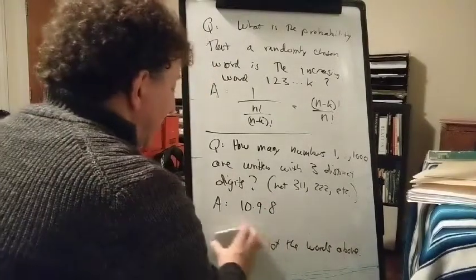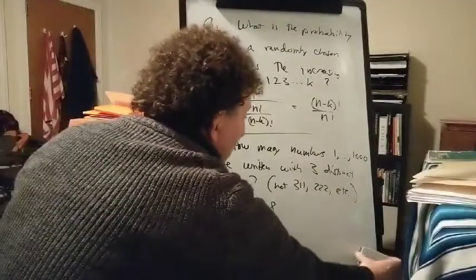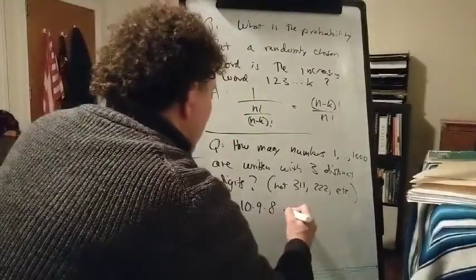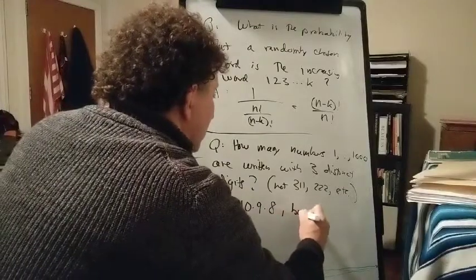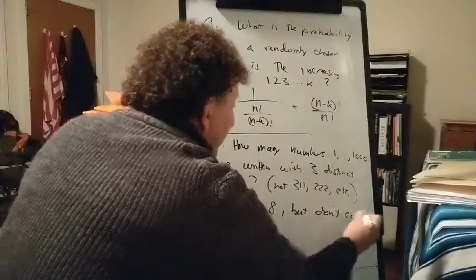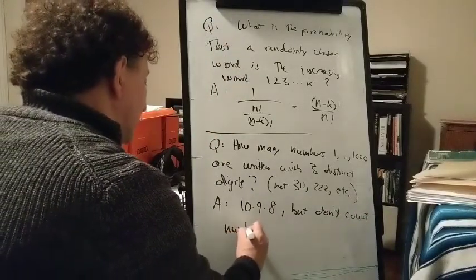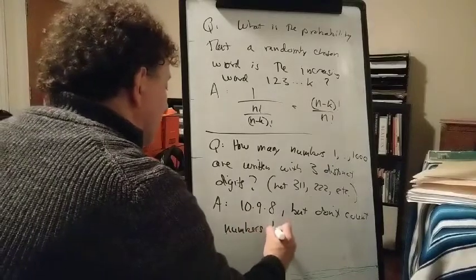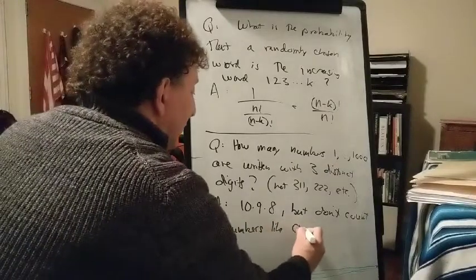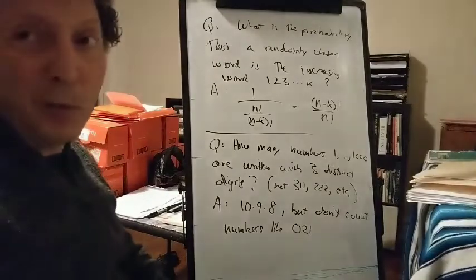That's almost the right answer, but if you think about it, we don't want to count numbers like 0, 2, 1, because 21 isn't really written with the 0 first.